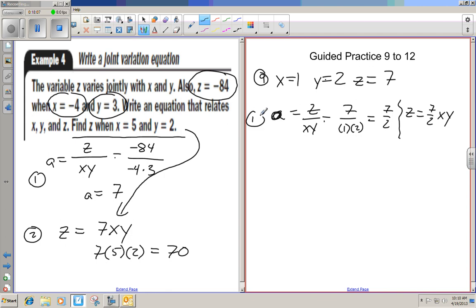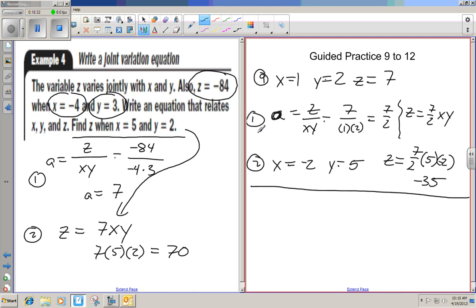That's part 1. Part 2, they tell us that x is equal to negative 2, y is equal to 5, and you're supposed to find z. So z is 7 halves times 5 times negative 2. Final answer should be negative 35. All right, I think you can probably take on 10 and 11 on your own, even 12.